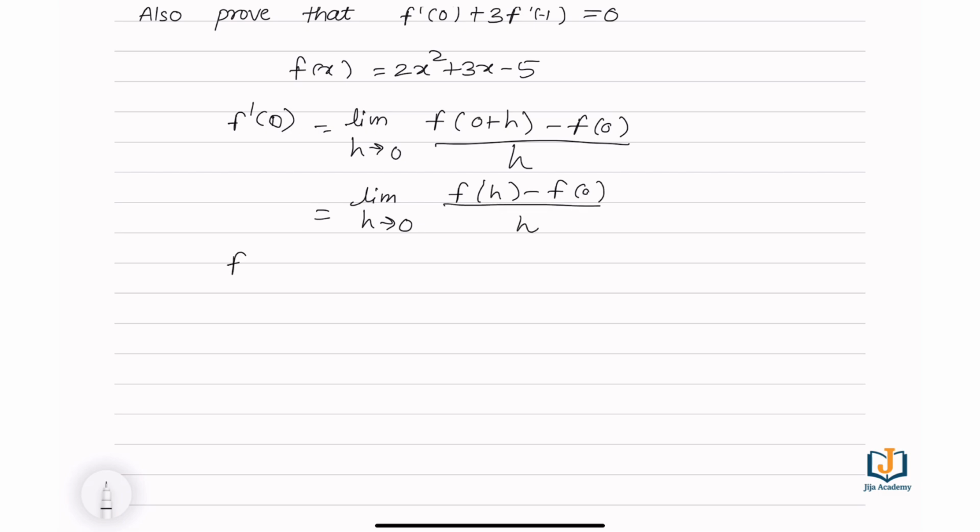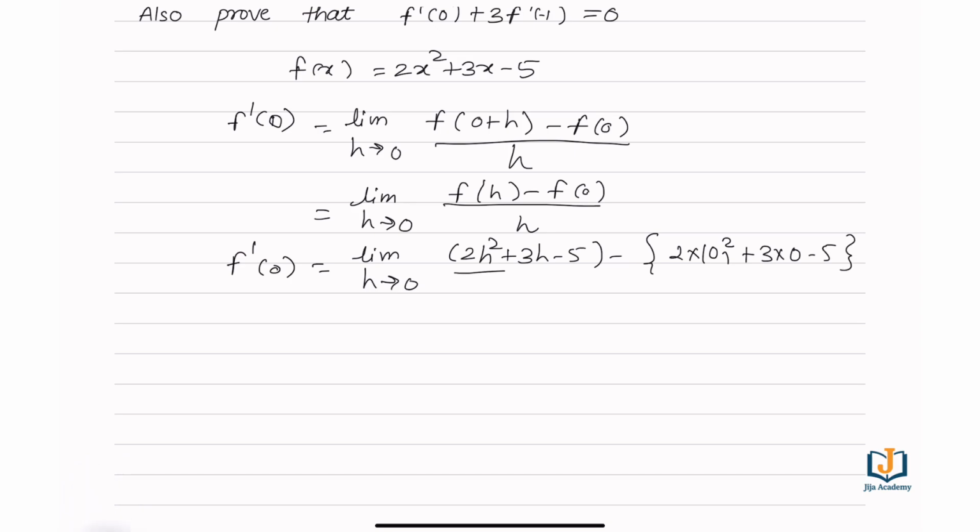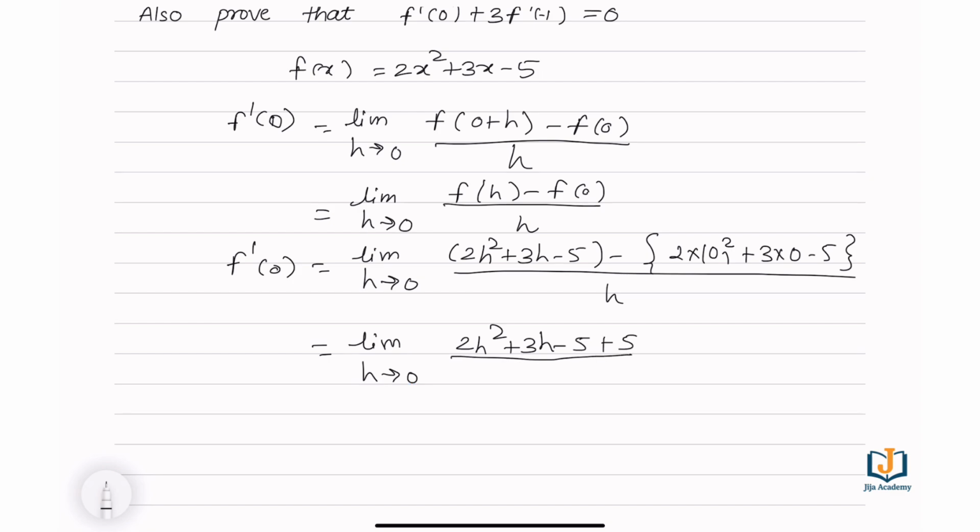So we get here limit h tends to 0 2h square plus 3h minus 5 minus 2 into 0 square plus 3 into 0 minus 5 divided by h. So we get here limit h tends to 0 2h square plus 3h minus 5 plus 5 divided by h.